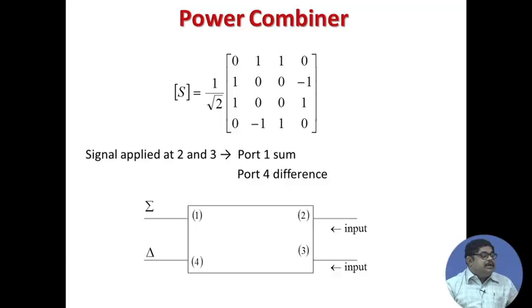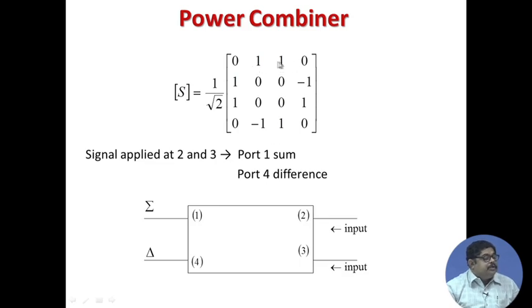You can also get it as a power combiner. You see the same scattering matrix. Now, I apply signal at port 2 and 3. Now, 2 means this, 3 means this. This is a linear circuit, so you superimpose that. That means if I give power both at 2 and 3, then signal is coming only at port 1 and port 4.